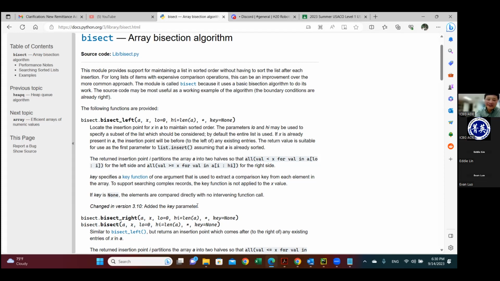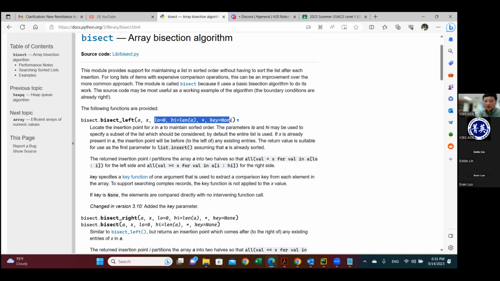Okay. So let me explain to you, okay? This also only works on a sorted list. Exactly what we have, okay? The first parameter you pass in is a sorted list. The second one is the value you are trying to position into this list, okay? And you really do not need those two.